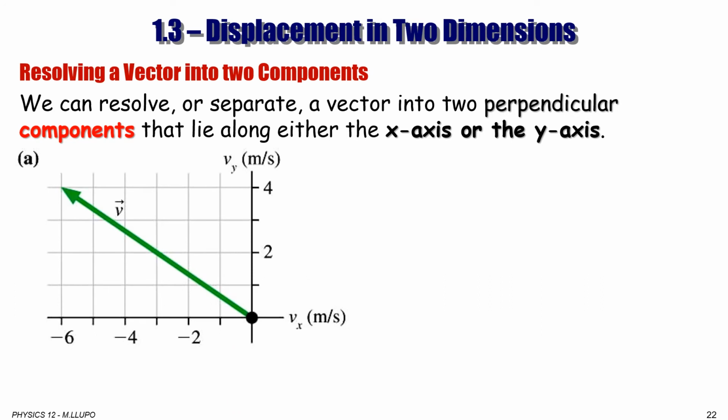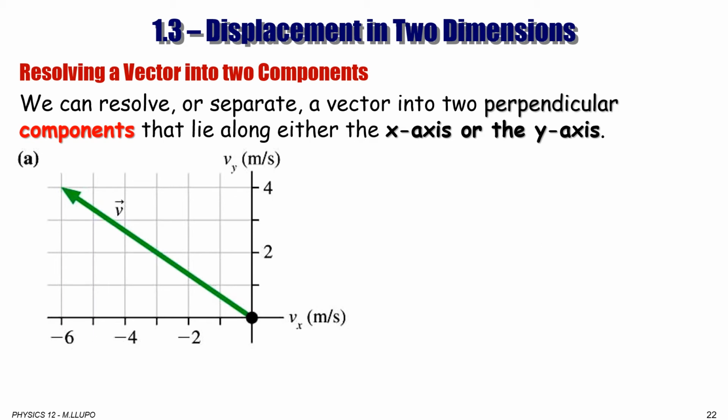Sometimes you may have a vector on a graph, and in order to find its components, you simply read the values on the graph. For example, if you're being asked to calculate component x and component y of this vector v, you just read from the graph.